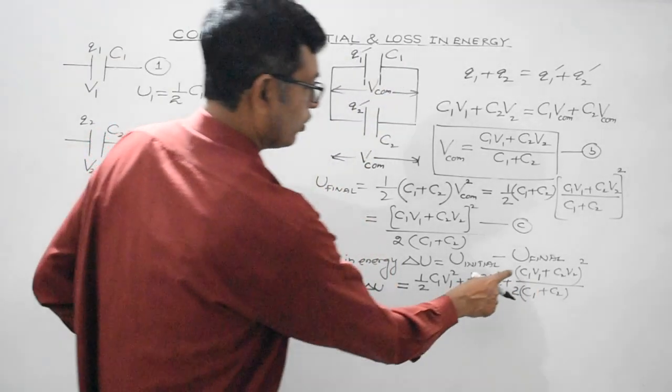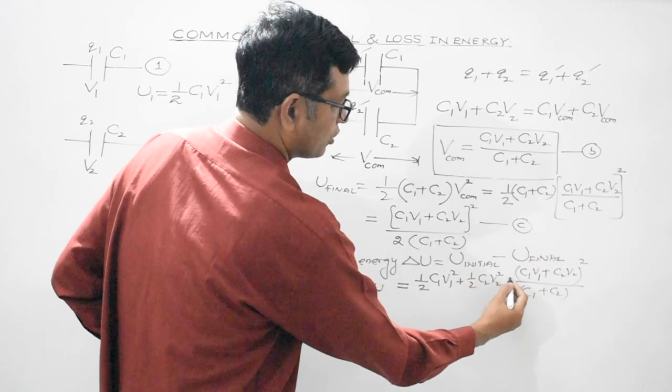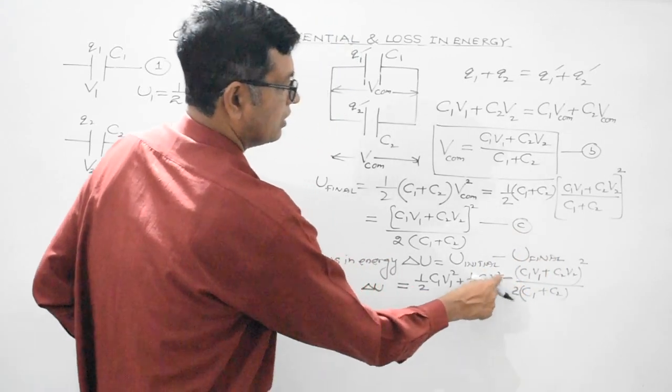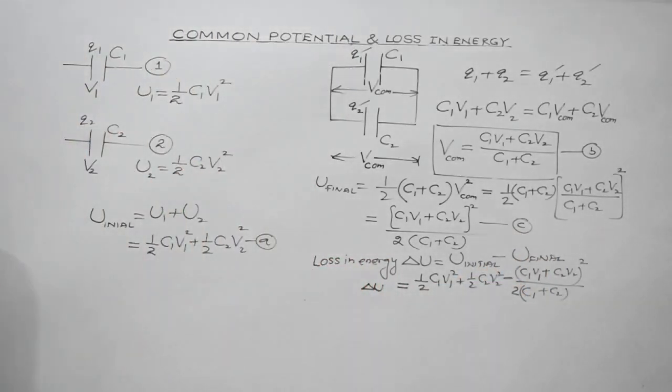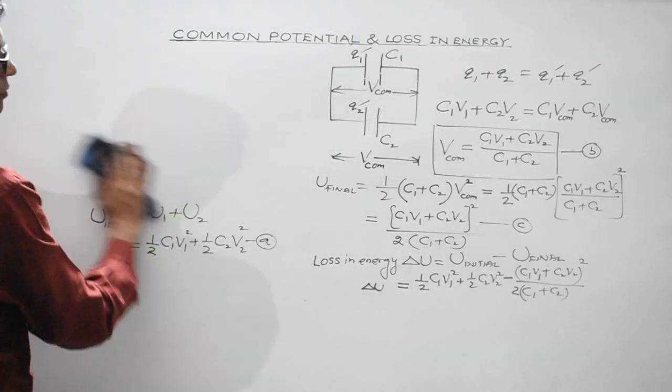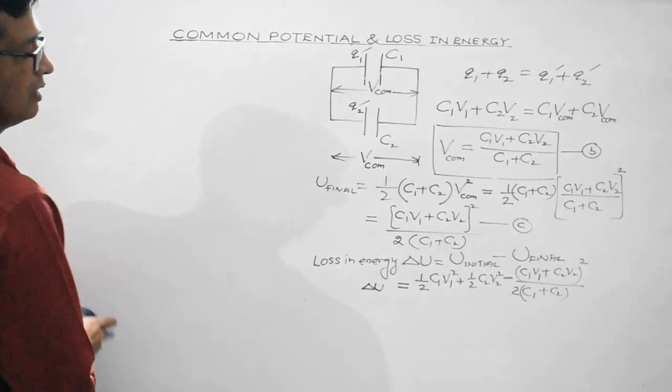And with negative sign obviously. We are subtracting, loss in energy means we are subtracting these two. So it can be easily evaluated. Let's do the mathematical part. Let's try to get the answer, right?